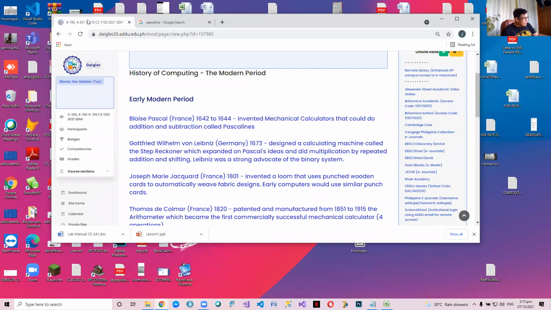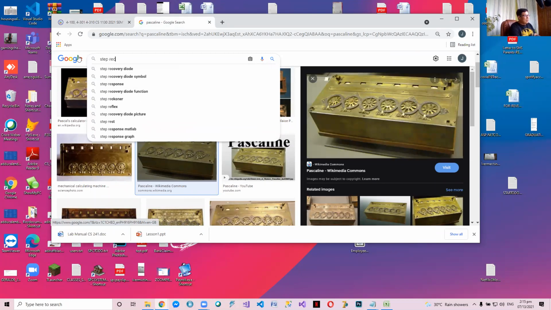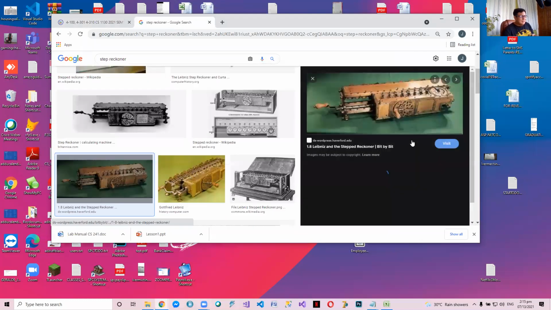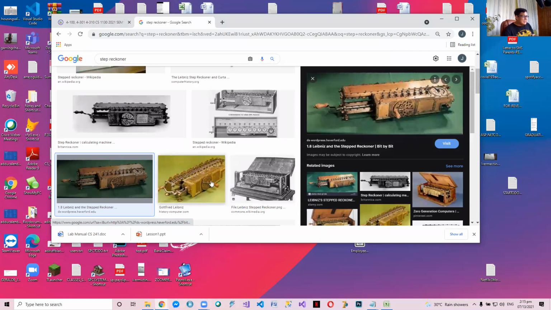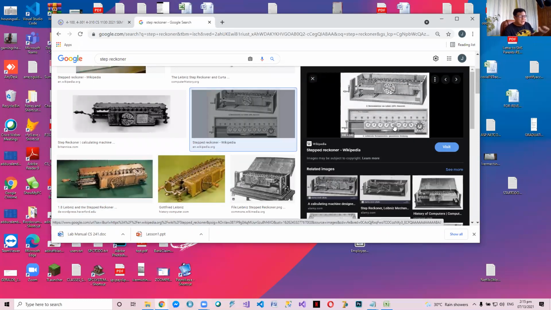Okay. Now after that, also during the modern period came the invention of the step reckoner. Let's look at a step reckoner. Para din siyang ano, it's actually like also the Pascaline. Ayan. Meron na siyang crank. You still have wheels, no? Ito ang mas maganda. Pero meron na siyang crank.